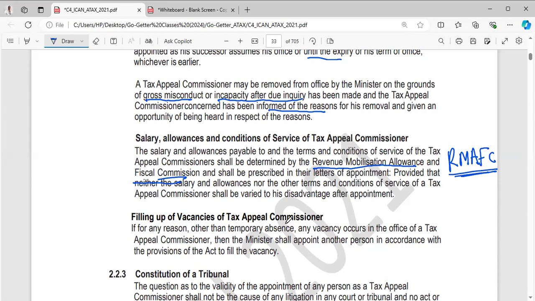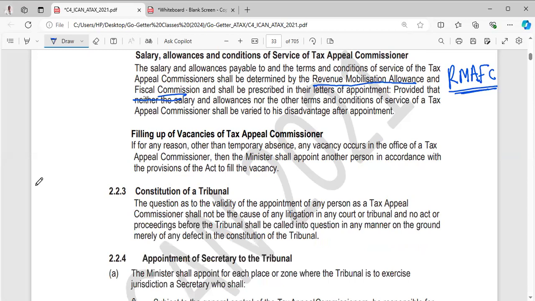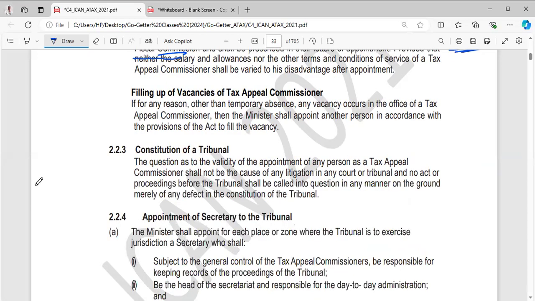All right. Constitution of the tribunal. The question as to the validity of the appointment of any person as a tax appeal commissioner shall not be the cause of any litigation in any court or tribunal, and no act or proceeding before the tribunal shall be called into question. So the validity of appointment should never be a cause of litigation.